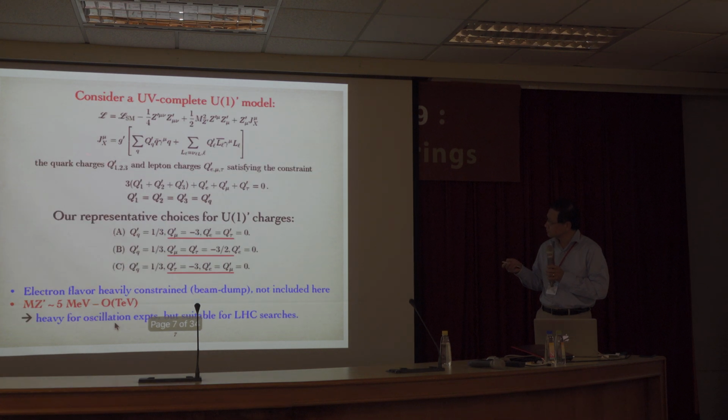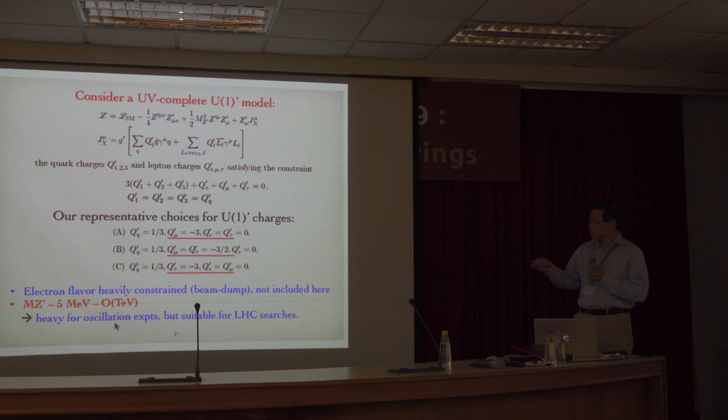This is the general formula for the anomaly cancellation for this Z prime. This is typically B minus L type, very similar to the B minus L type Z prime. The most general situation is that. It is B minus L distributed among the leptons.